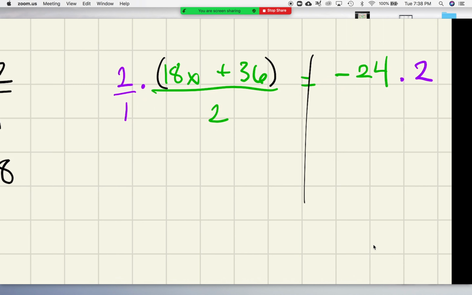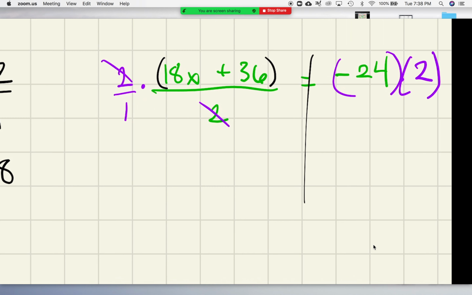So we multiply by 2 on this side as well, and that 2 and that 2 cancel out. It's because of this grouping symbol: this division is considered a grouping symbol.